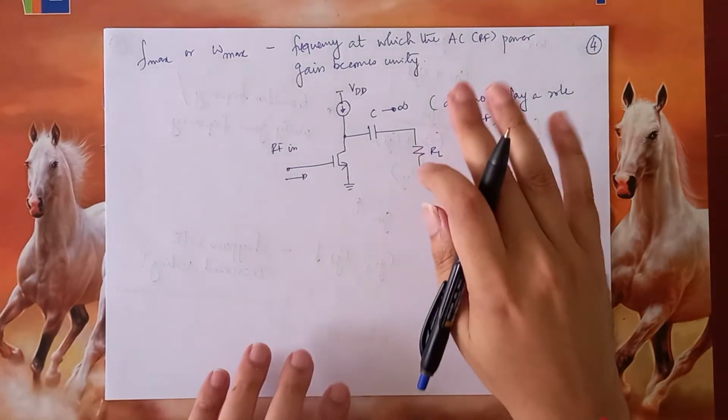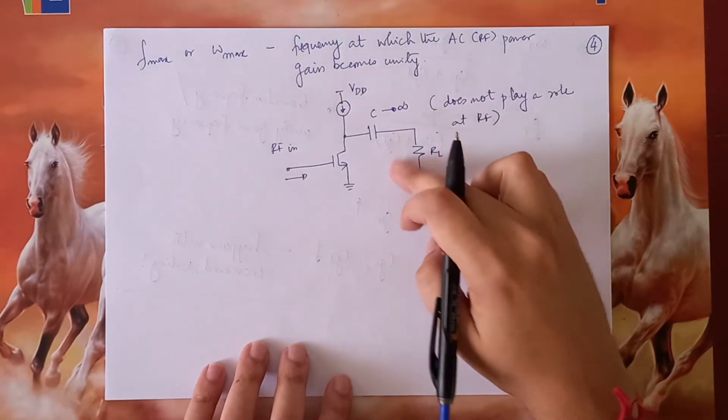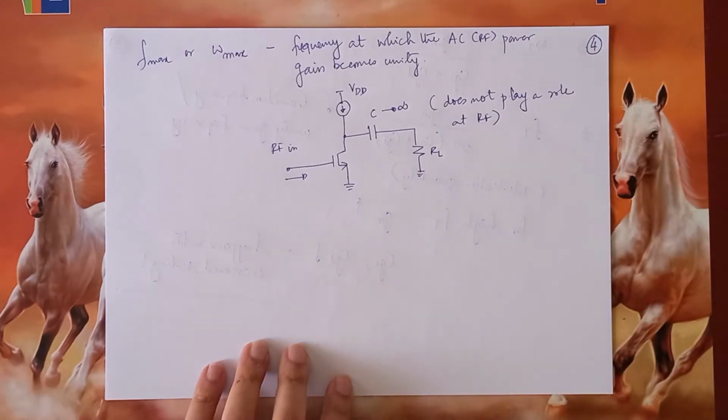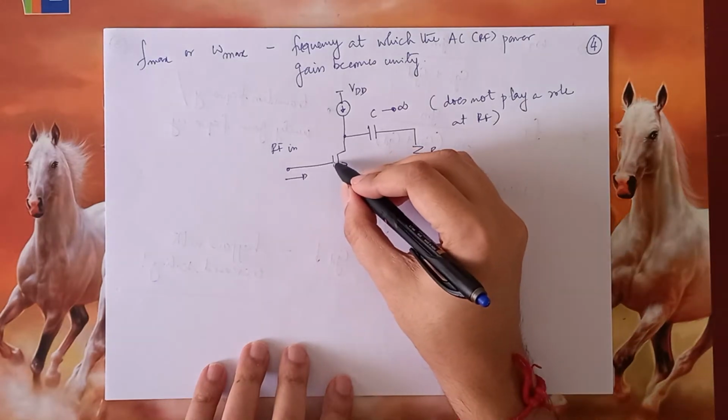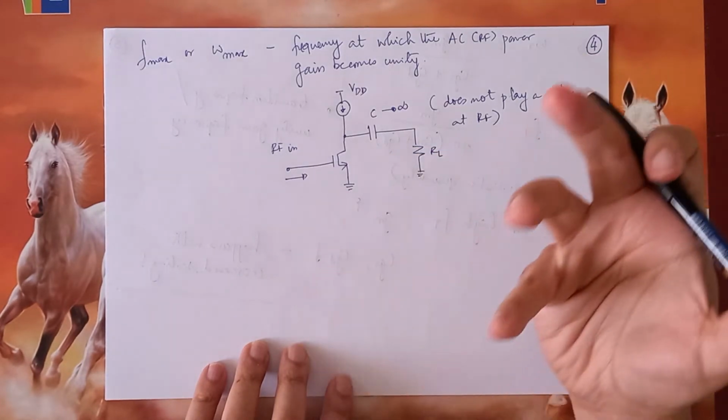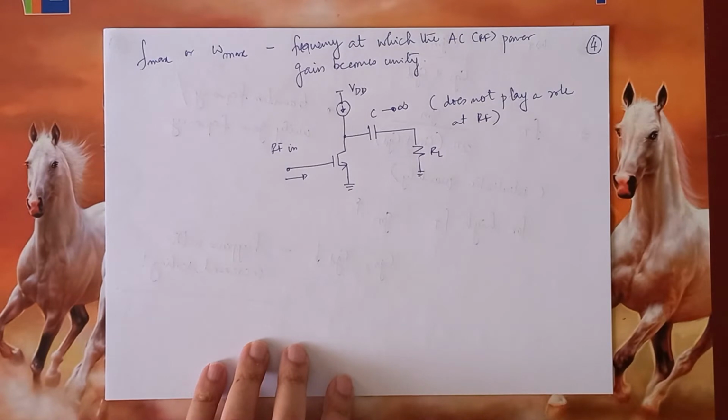So therefore, we expect that some AC power should be delivered to this load. But at the same time, there should be some usable power or active power that should be drawn by this MOSFET. But here there is a problem.